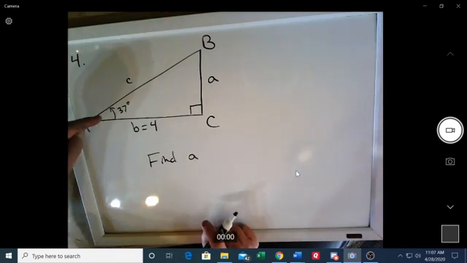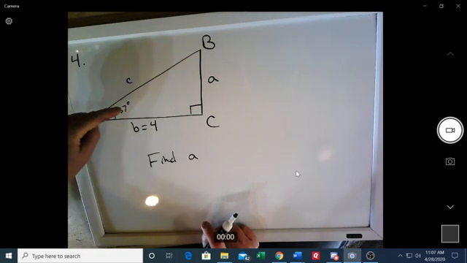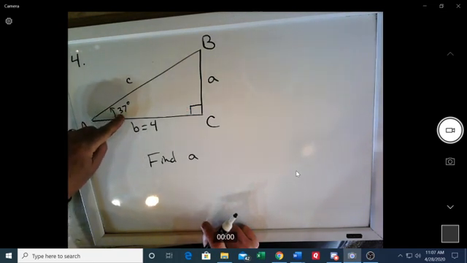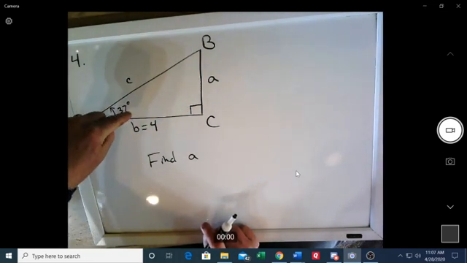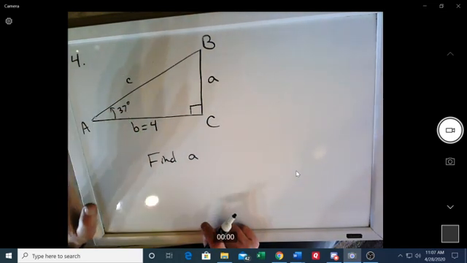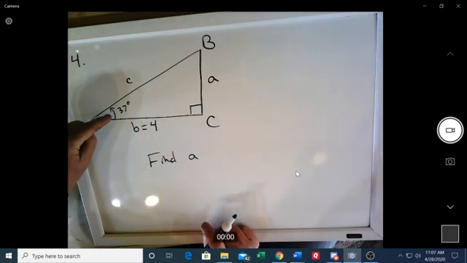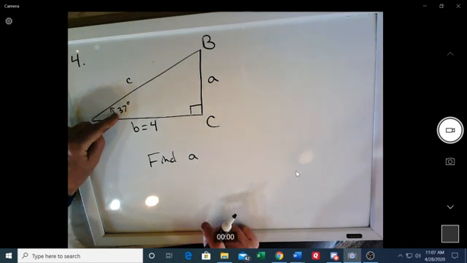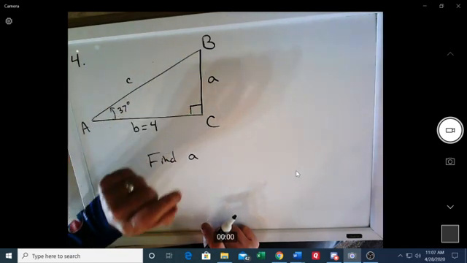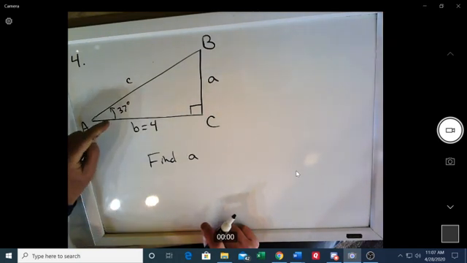Well, when I know one non-right angle, I know the other one, because that one's got to be 90 degrees minus 37 degrees. But if I take the one angle that I'm given here, that I can do a trig function on, I generally don't do trig functions on the 90 degree angle.